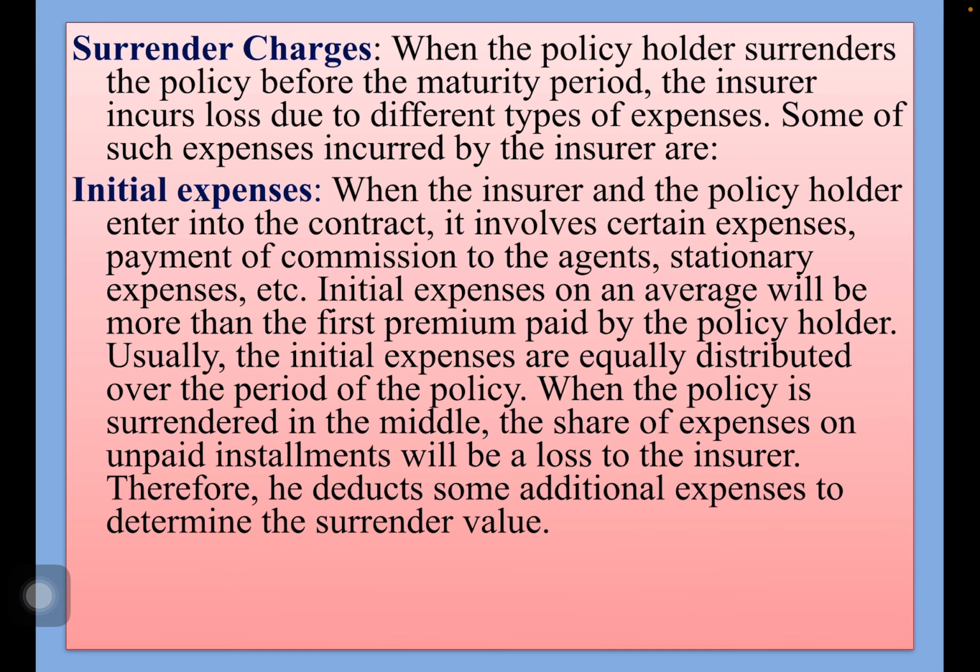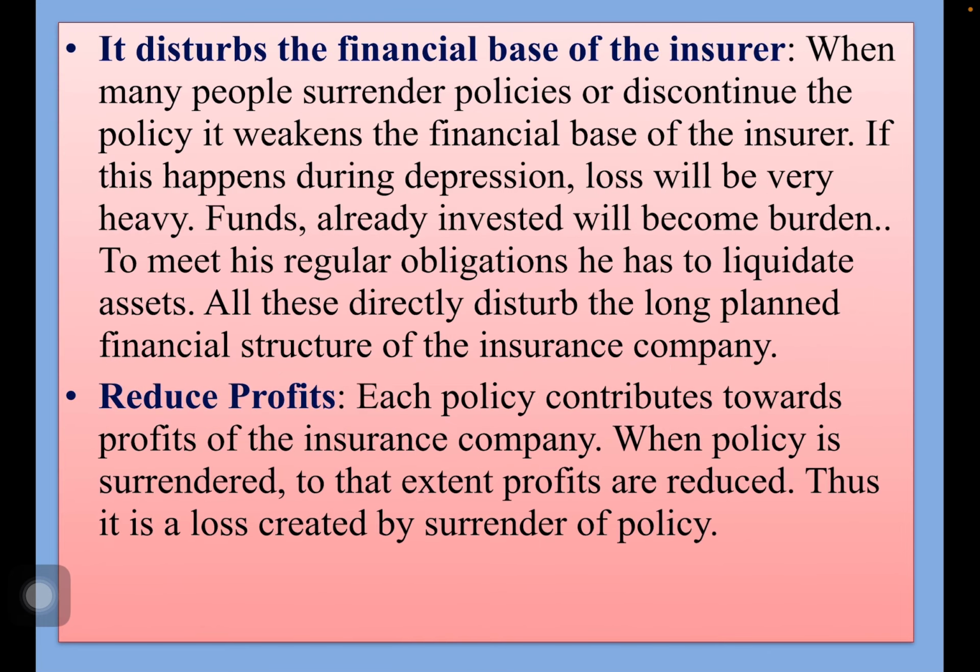Therefore, the initial expenses are equally distributed over a period of policy. When the policy is surrendered in the middle, the share of expenses on unpaid installments will be a loss to the insurer. Therefore, he deducts some additional expenses to determine the surrender value.